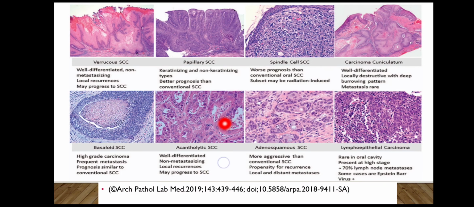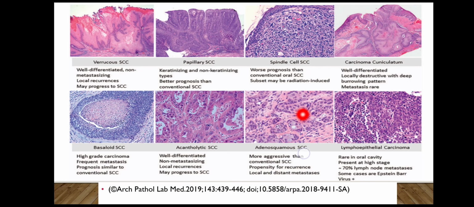Acantholytic SCC has nests of cells with the center of the nest showing separation of the cells from each other. All the cells show features of anaplasia. It is non-metastasizing, but local recurrences can occur and may progress to conventional SCC. Adenosquamous is more aggressive than conventional SCC, and the propensity is for recurrence.